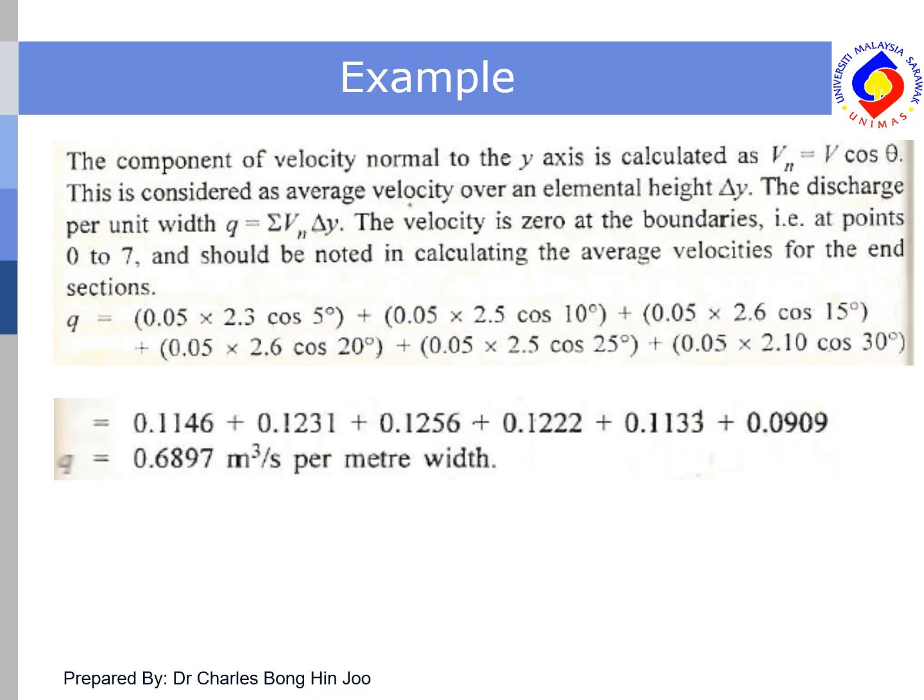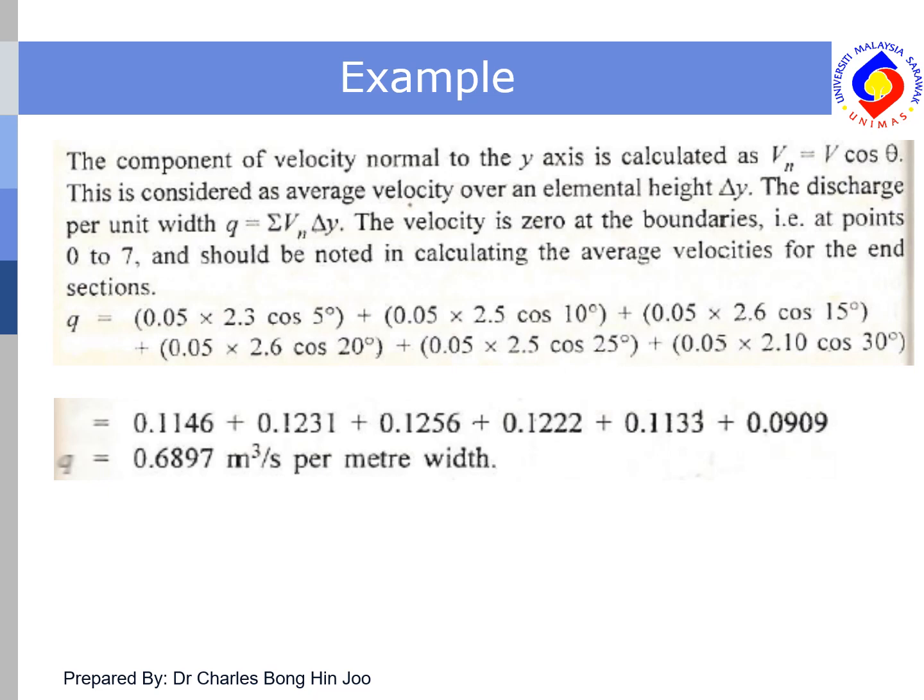This is considered as the average velocity over an elemental height delta y. Then the discharge per unit width is given as Q equal to the summation of Vn multiplied by delta y. This is considering that the velocity is 0 at both boundaries, that is at point 0 and also 7.